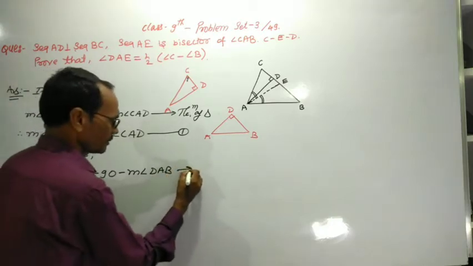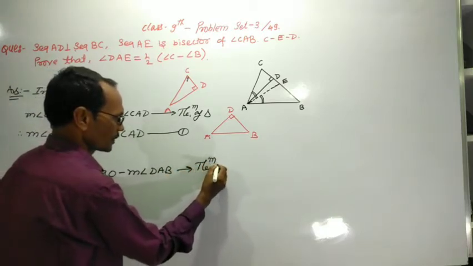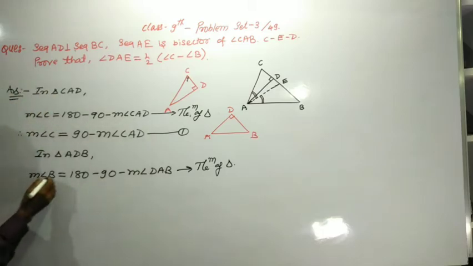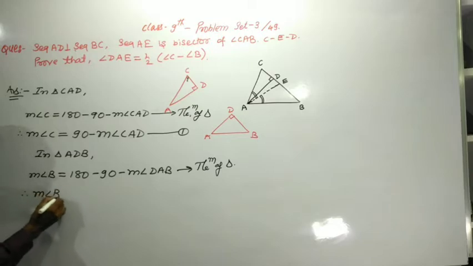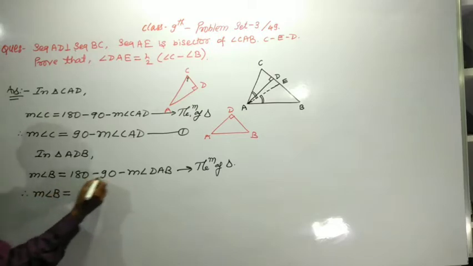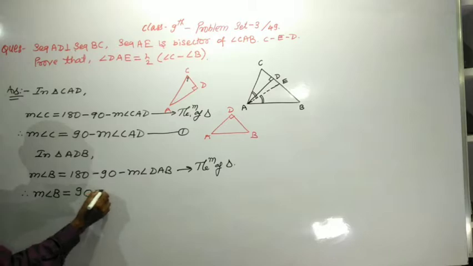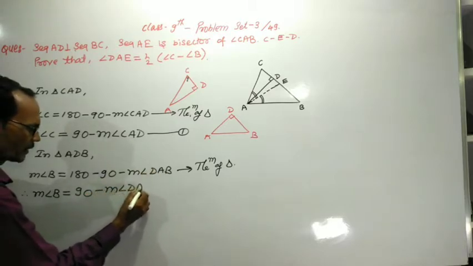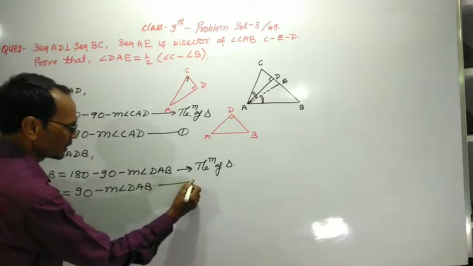Therefore, measure of angle B equal to 90 minus measure of angle DAB. This is equation number 2.